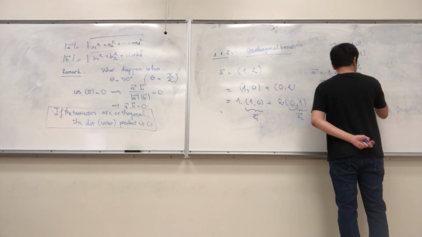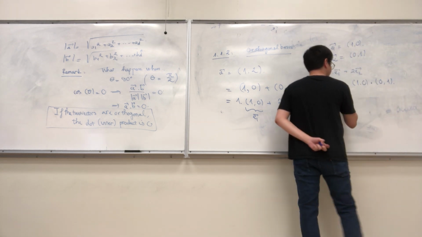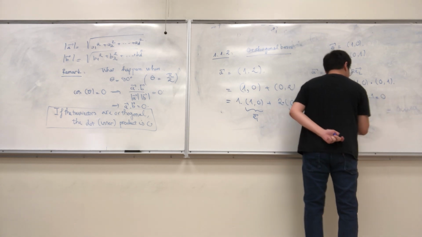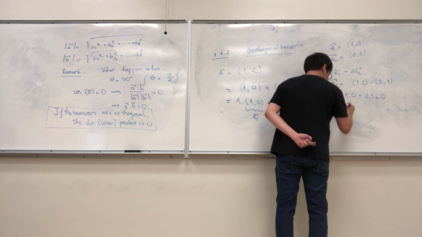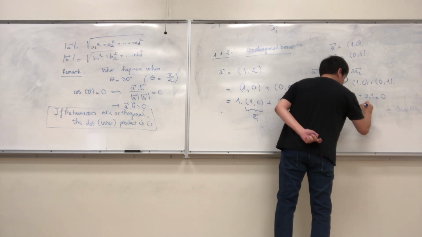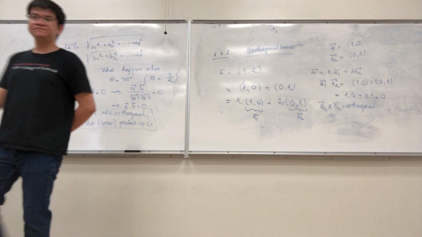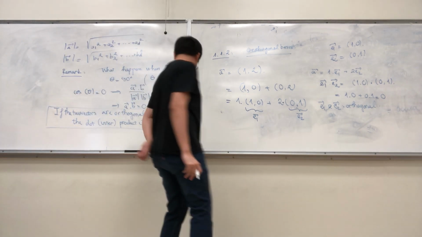You have (1, 0) times (0, 1), and this gives you 1 times 0 plus 0 times 1, and this is 0. Right? So E1 and E2 are orthogonal. All right?